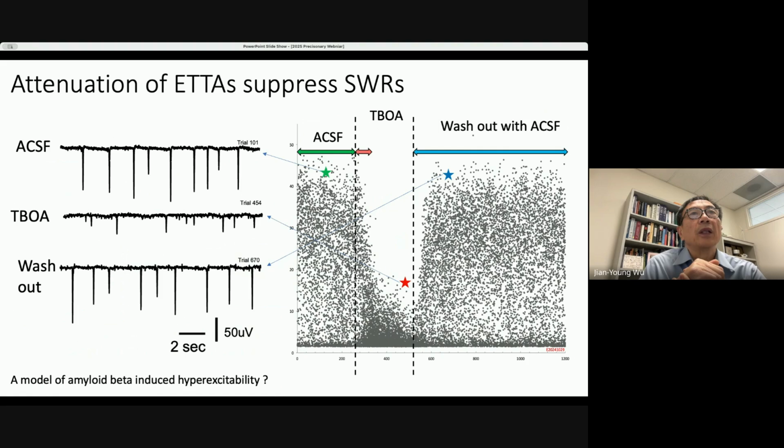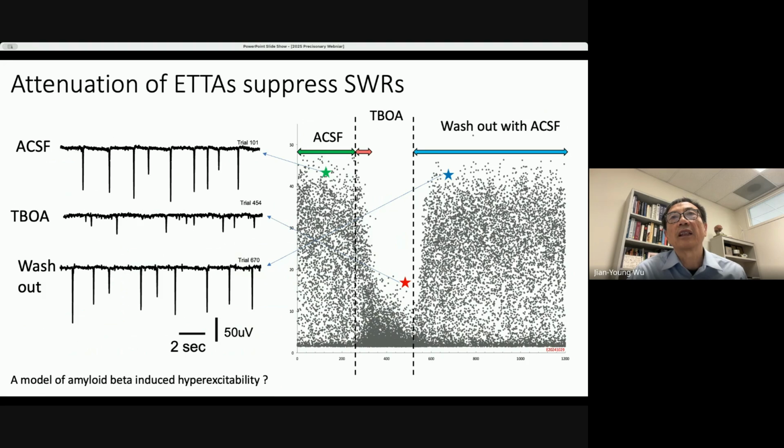And we know that amyloid beta actually disrupts those EAATs. So we put in a small molecule drug, TBOA, which blocks the EAATs, those transporters. And we found it has a huge effect on the sharp wave ripples. They basically disrupt the CA1, reducing the CA1 sharp wave amplitude a lot.